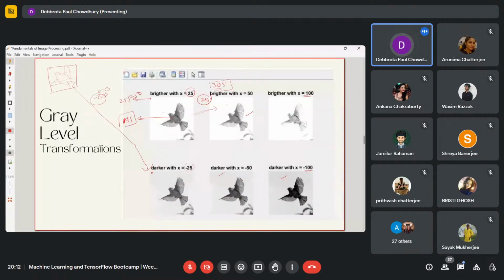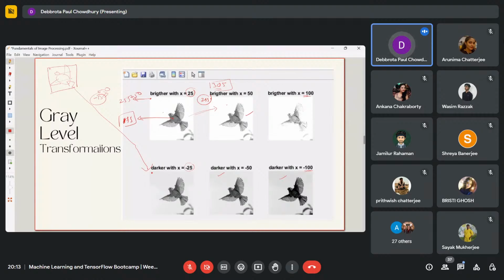Okay, let's go. Brightness we know. What about contrast? What is contrast? Contrast you already know, guys. What happens when we increase or decrease the contrast of any image?